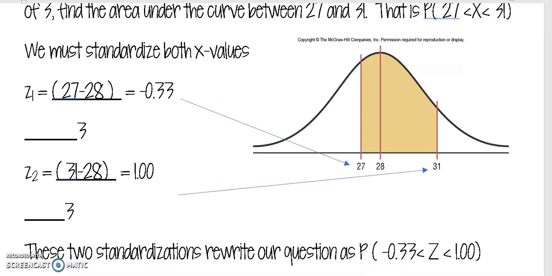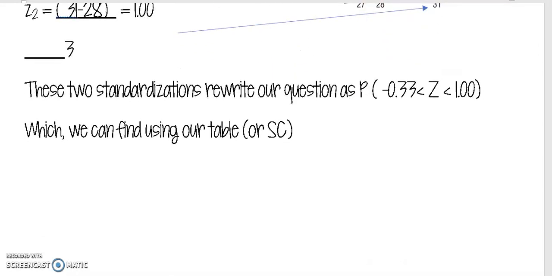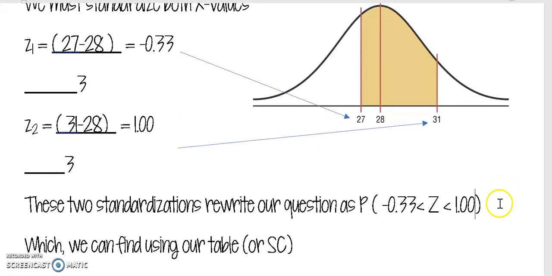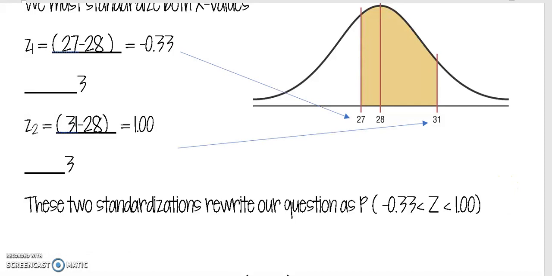So I can use my table to find the areas under the curve, being left of 1.00 minus, whoops, minus, that's silly that it keeps putting a smiley face in there, but I'm okay with it. z is less than negative 0.33.